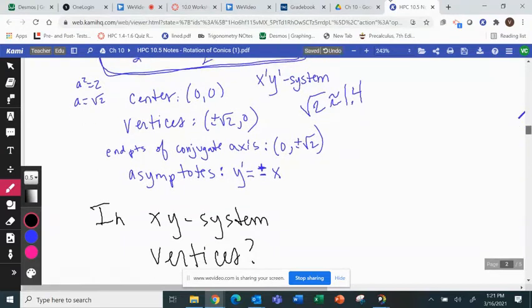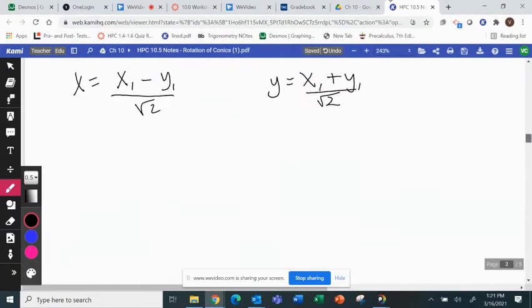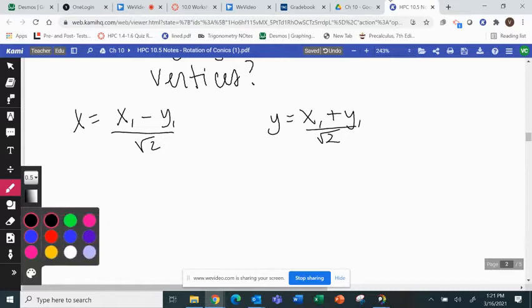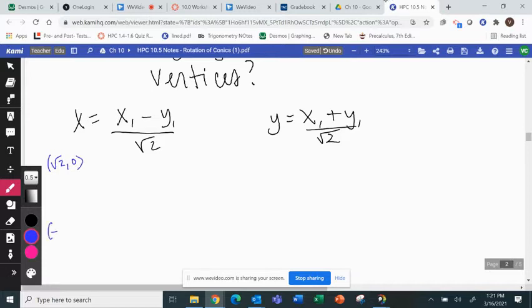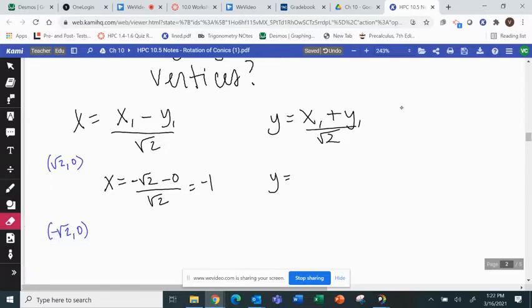I'm going to take the vertices that were at positive radical 2, 0 and negative radical 2, 0, and plug them in. Oops, I plugged in the negative first. Sorry. There.